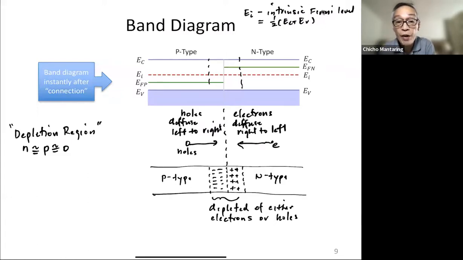So what happens when you have a charge distribution such as this? So meron akong charge distribution dito. Ang mangyayari rito, I'm going to have now an electric field in this direction. Okay, I'm going to have an electric field in that direction.